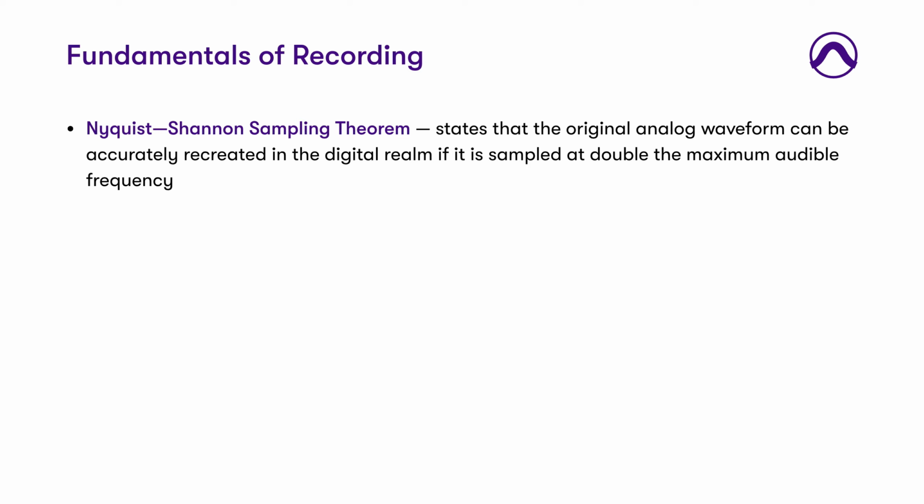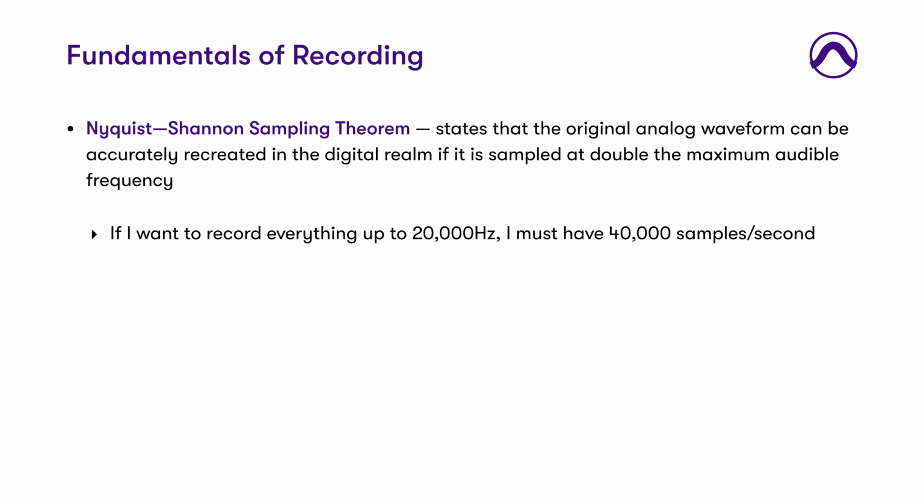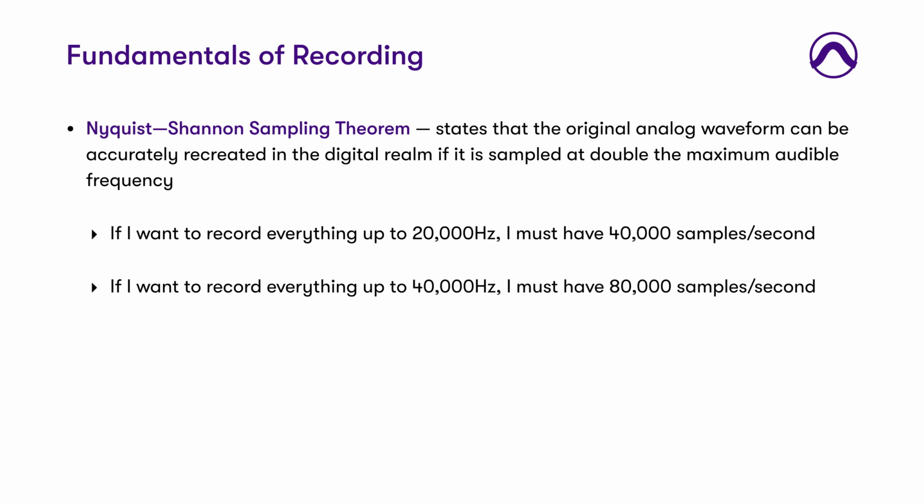Which means, if I wanted to ensure that everything up to 20,000 Hz was recreated accurately in the computer, we should sample our signal at double that number, which is 40,000 samples per second. If I wanted to ensure that everything up to 40,000 Hz was recreated accurately in the computer, we should sample our signal at double that, which is 80,000 samples per second.